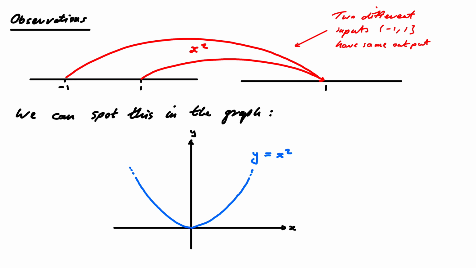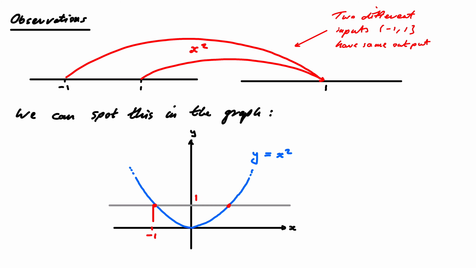So how do we spot this? What visual way of spotting this do we have? Well, remember, if I was to take the positions, let's say -1 and 1 here. So if I take -1, that corresponds to this position in the graph up here, doesn't it? So if I draw a horizontal line straight through here, where's it going to go through?